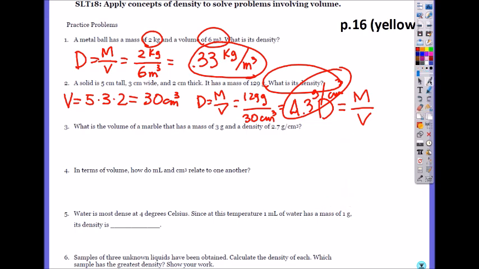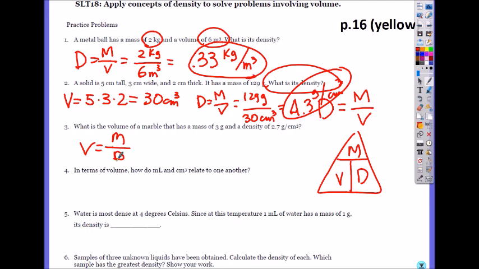Number 3. What is the volume of a marble that has a mass of 3 grams and density of 2.7? So again, if you're looking for the volume, cover this. It's going to be mass divided by density, right? So the volume equals mass divided by density. Always write this formula down. Then substitute each value.